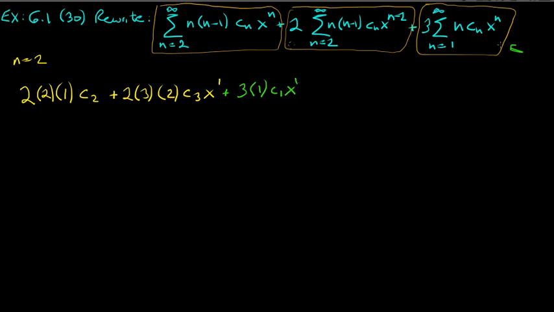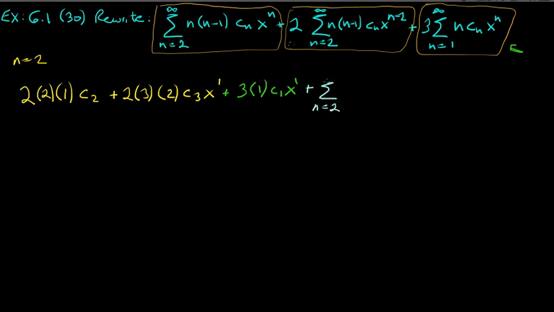Right. And now all three of them are going to have the same power of 2. So the real trick now is figuring out what this last one will be.